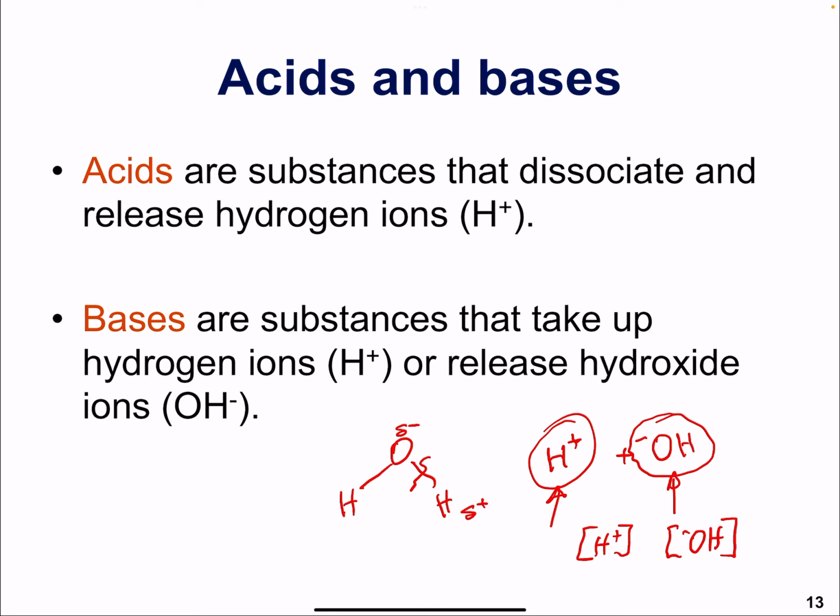So we can determine that, and rather than going back and forth between concentrations of hydrogen and concentrations of hydroxide ion, chemists and biologists have made things simple. They came up with what they call pH. pH is basically what we call potential.